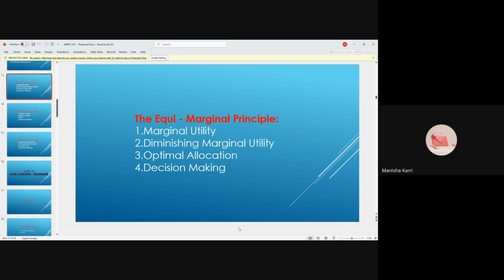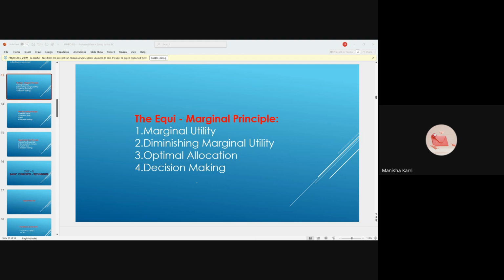Next important topic is the equimarginal principle. So what is this equimarginal principle? Generally, this is also known as the principle of maximum satisfaction or the law of substitution. It is an economic concept that is used to determine the optimal allocation of resources.